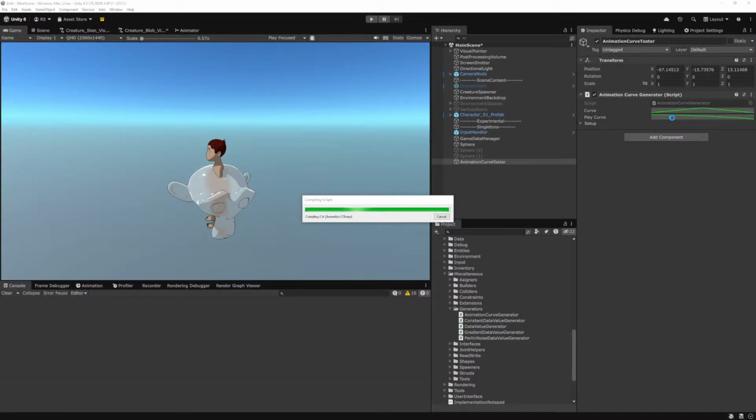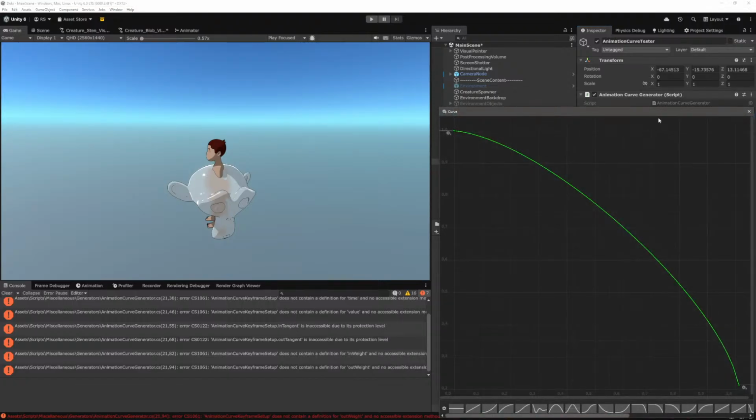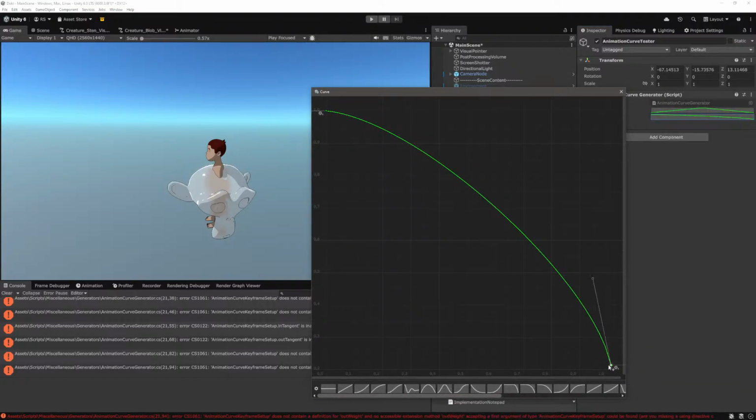So that might not be the best option. Or do we? Yeah, we do. Because the weight here is 1 divided by 10.